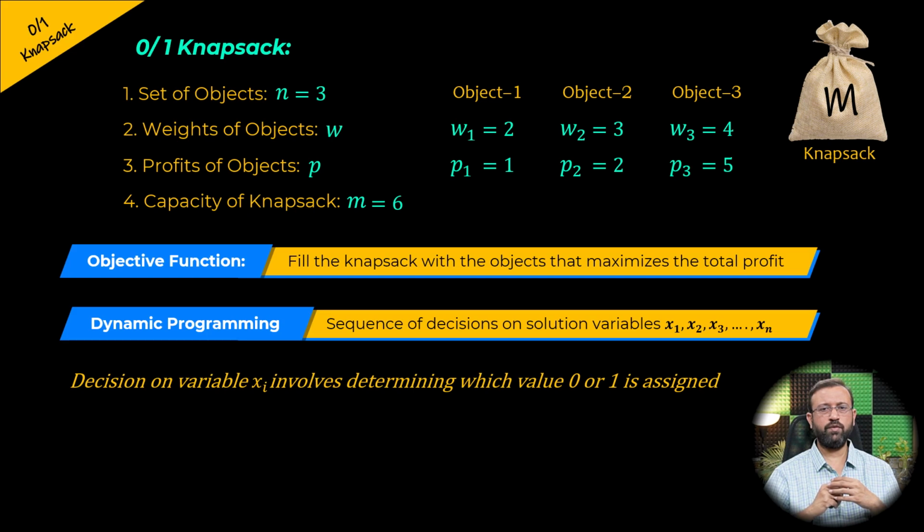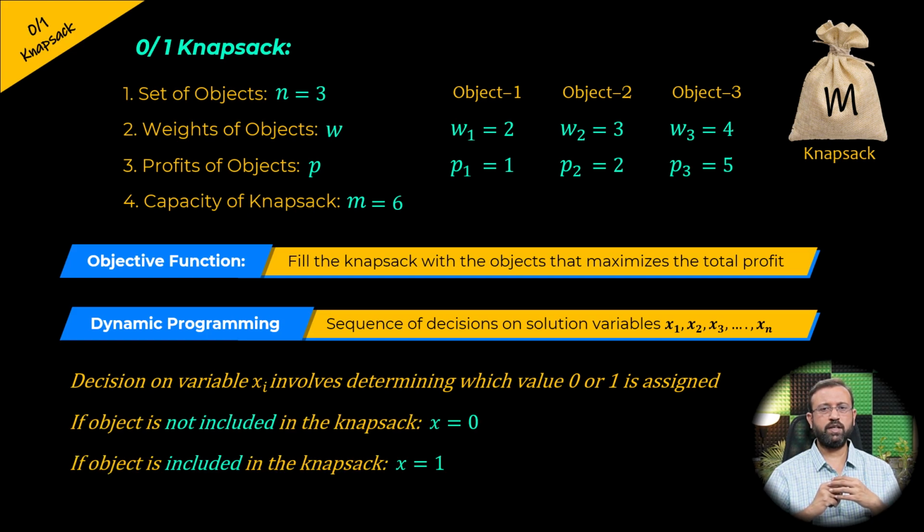A decision on variable xi involves determining which value 0 or 1 is to be assigned. If the object is included in the knapsack, then the solution xi is 1, and if the object is not included in the knapsack, then the solution xi is 0.